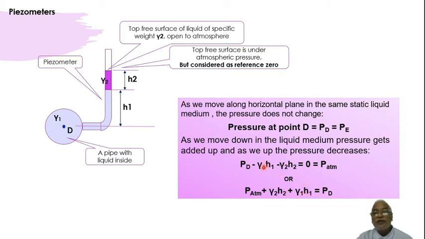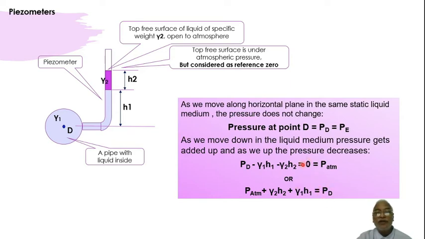Alright, and then whatever calculation data will be given, that will be substituted and calculated. There is one more way, or I have written. So here we can start from here and then go down. I have considered here PD will be absolute pressure.